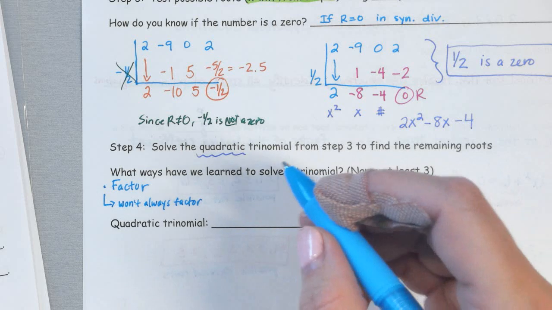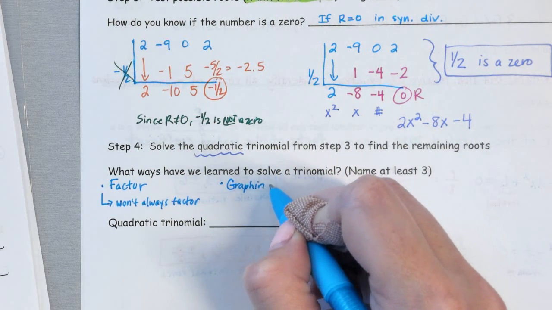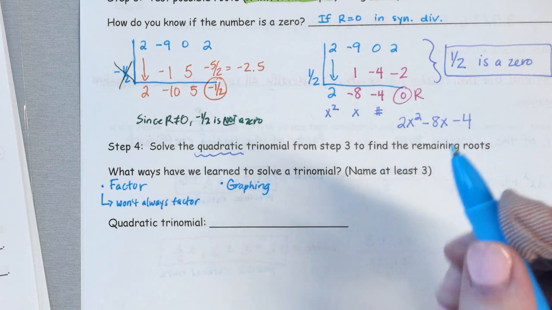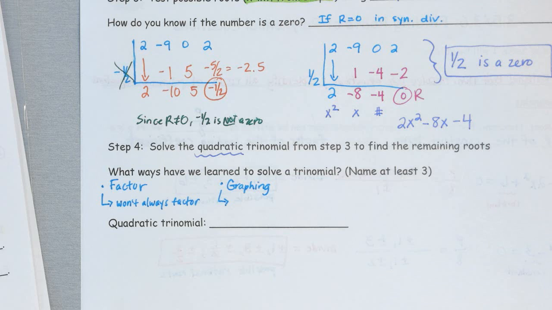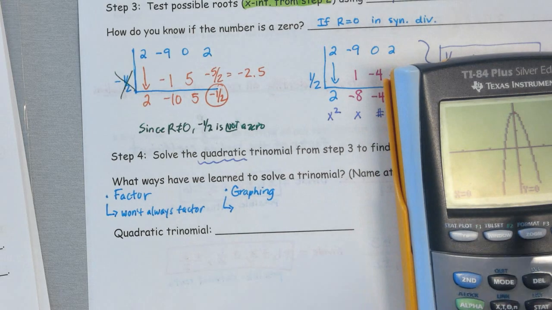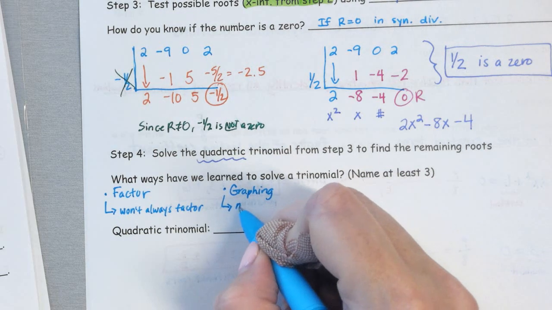So graphing is great. But when you're graphing, just like we saw here, this looked like it was negative 1/2, but it's not. It's another value. It's going to be a decimal value, right? So kind of the drawback of graphing is you aren't going to be able to graph and find the exact values.